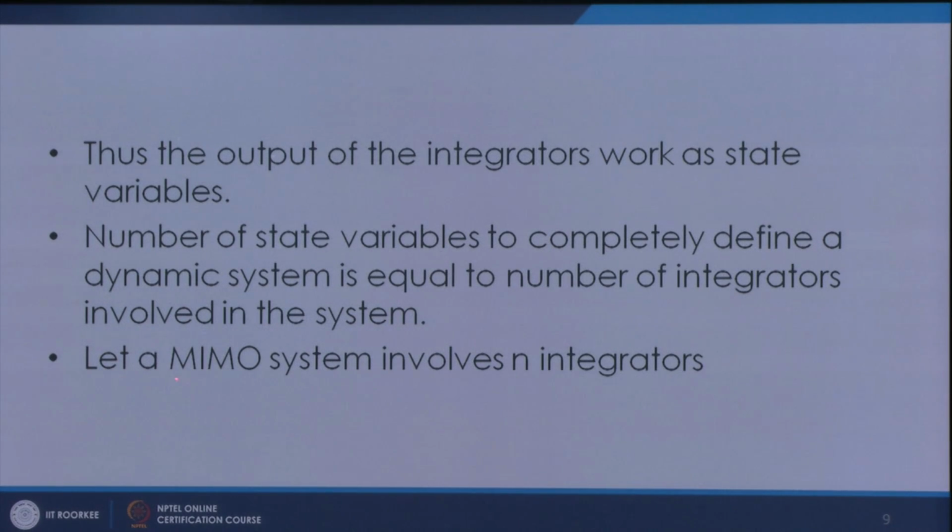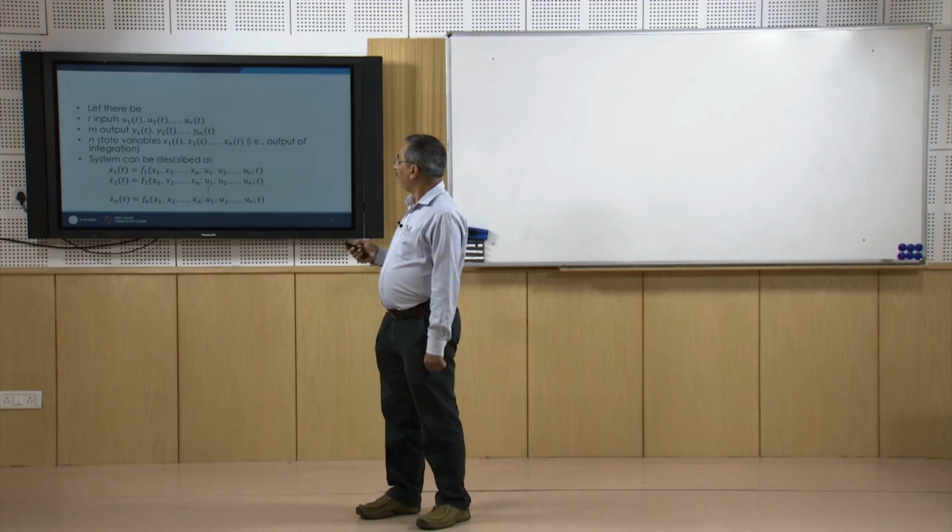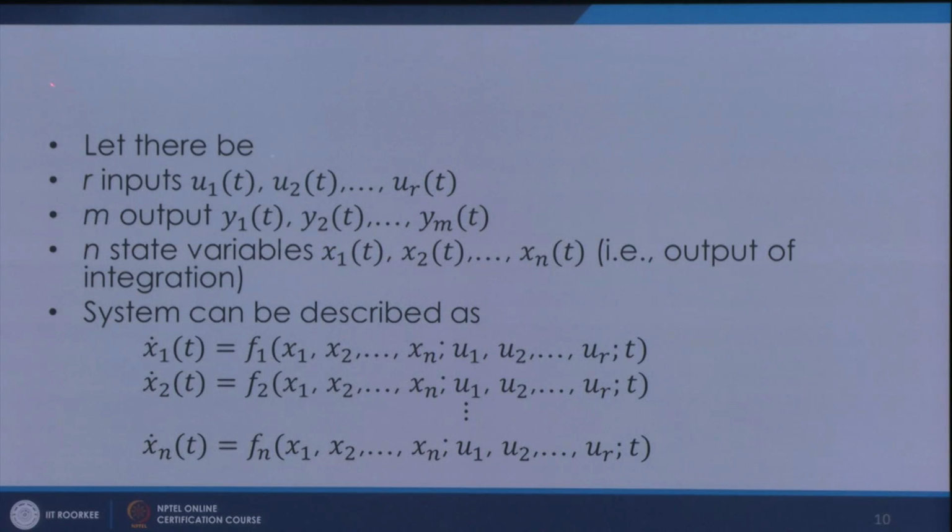So, let a MIMO, that is multi input multi output system, involve n integrators. Suppose there are r inputs, u1(t), u2(t), ..., ur(t), and m outputs, y1(t), y2(t), ..., ym(t), and n state variables, x1(t), x2(t), ..., xn(t), and as I said, these state variables are the outputs of integration.